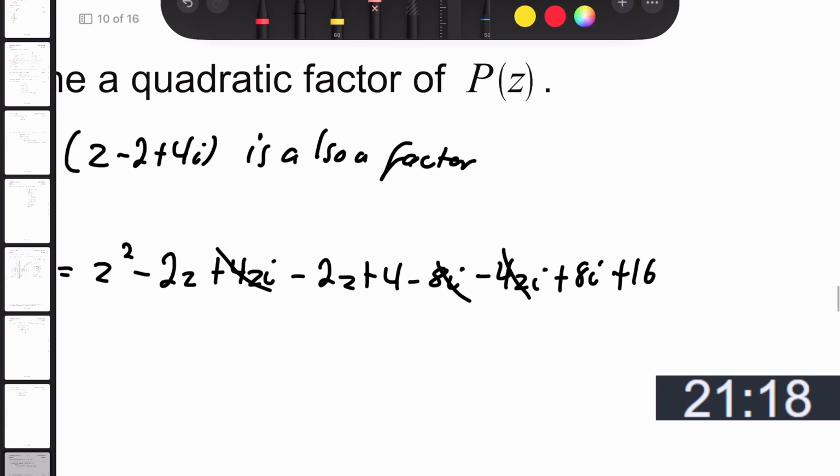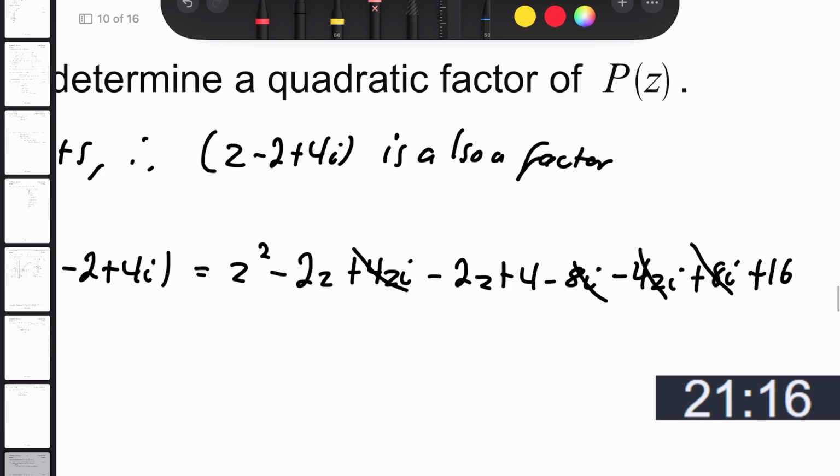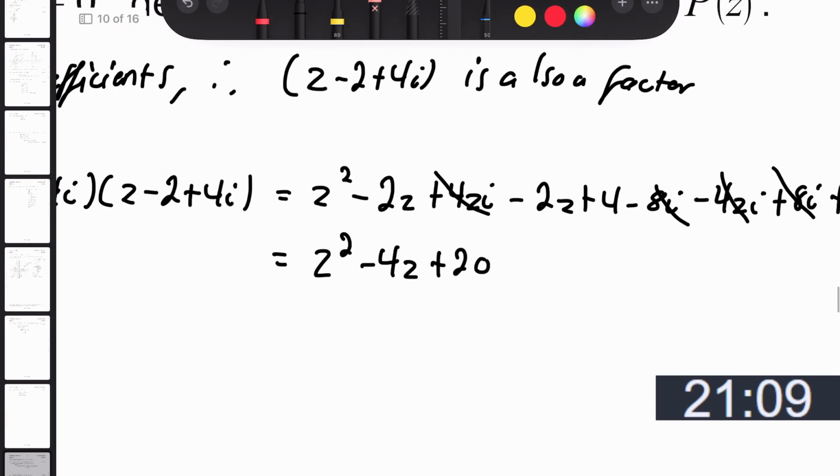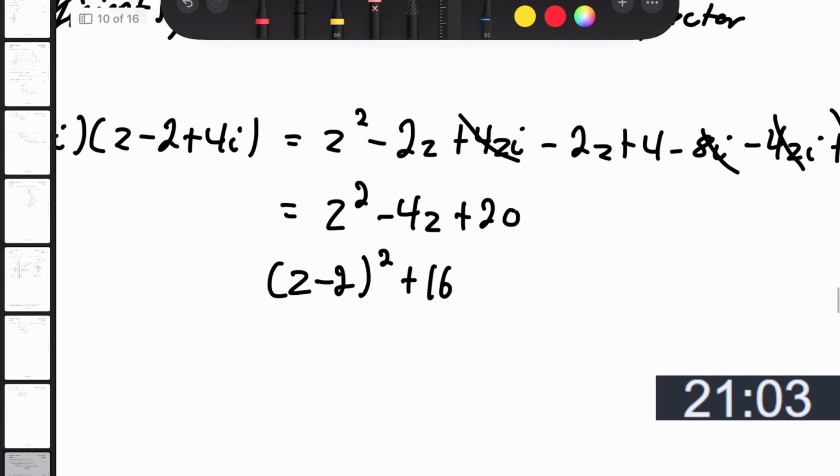So that will cancel, these will cancel. So this is z squared minus 4z plus 20. Or z minus 2 squared plus 16, 4i, yep.